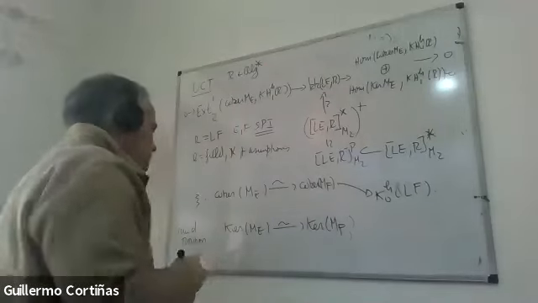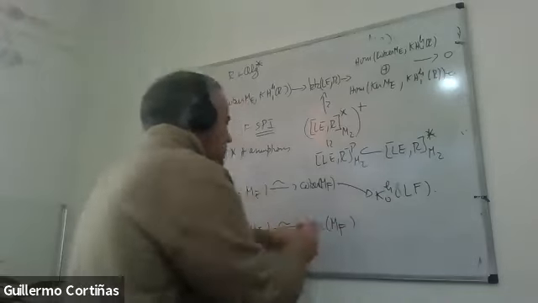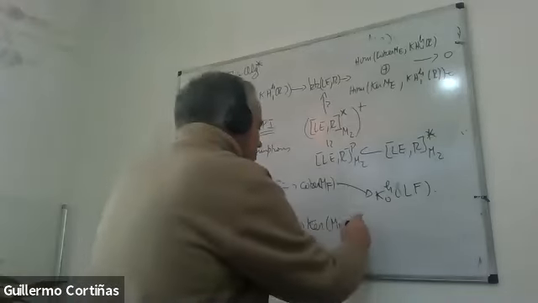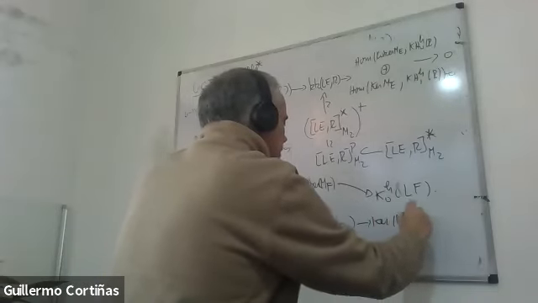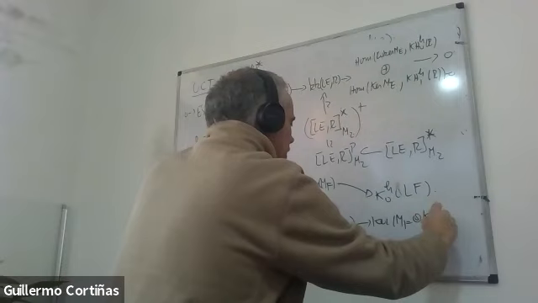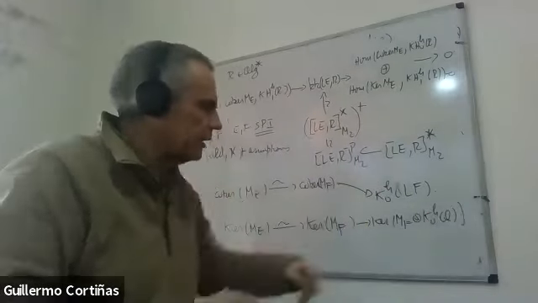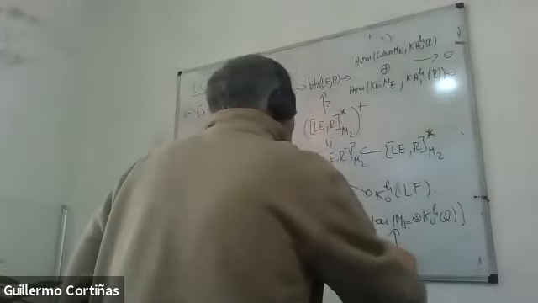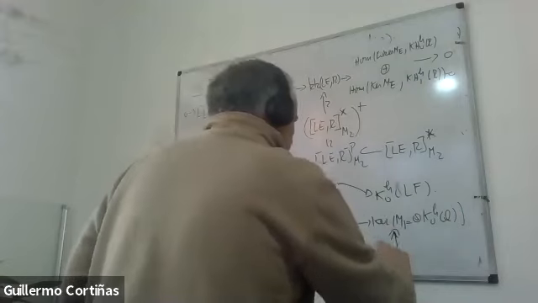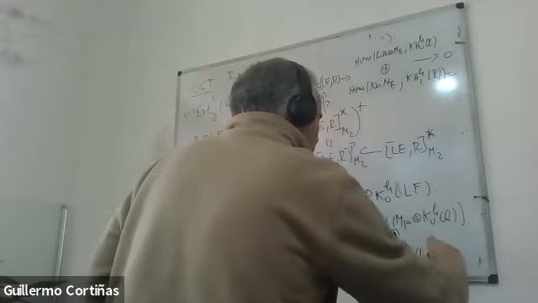Similarly, this kernel maps to the kernel of MF tensor KH0 of L, which, using the triangle I put before, receives a surjection from K1H of LF.